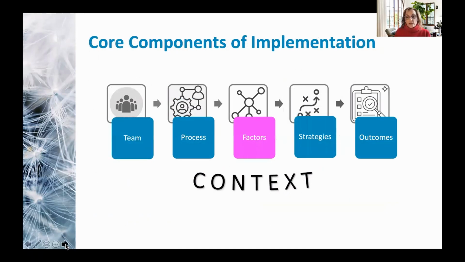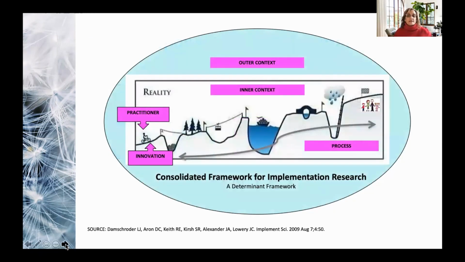When we talk about factors, we're talking about all of those things in the environment that could mess with what we're trying to do. So these are barriers, these are facilitators, and the one determinant framework that I use very much, that is also highly published in the literature and well validated, is the Consolidated Framework for Implementation Research, or the CFIR, we call it CFIR.